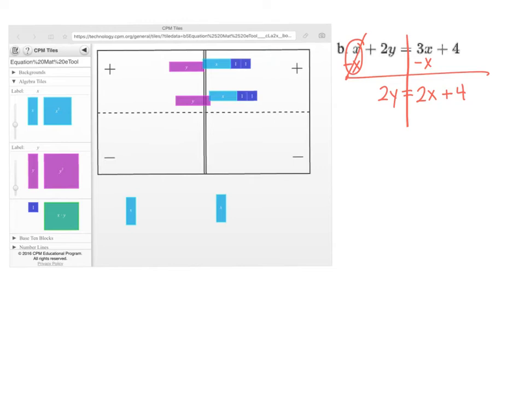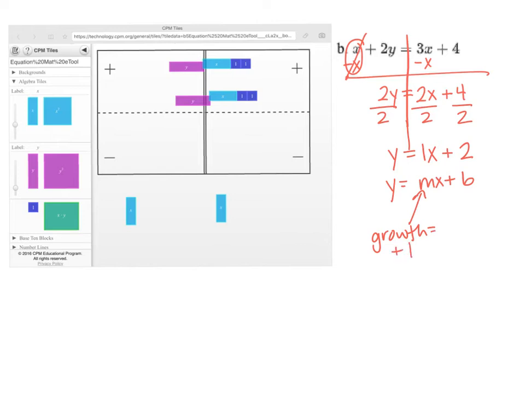So now what I can see here is if I divide everything between the 2 y tiles, I see here that 1y is equal to 1x, or x plus 2. Now I have an equation written in y equals mx plus b form. And now from this equation I can tell you that the growth is positive 1 and the starting value, or the y-intercept, is positive 2.